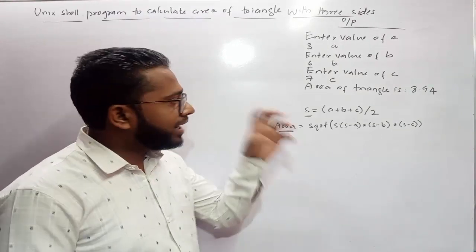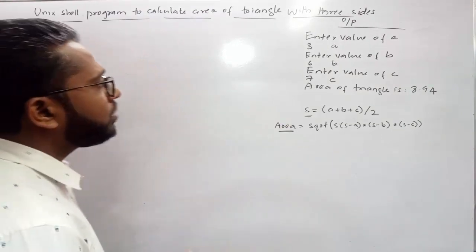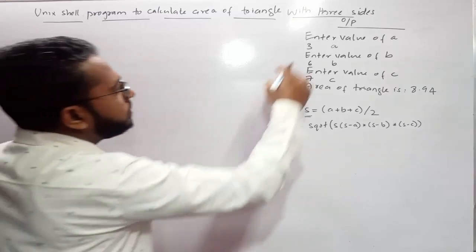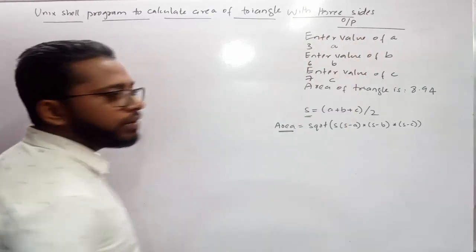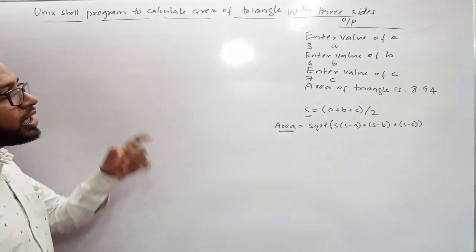Now let us start writing down the program. When this program gets executed, as you can see, first it asks the user to enter the value of A. So I need to display that message on the terminal.